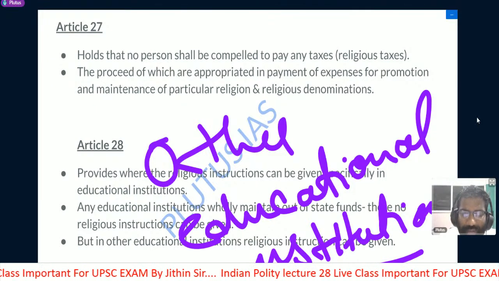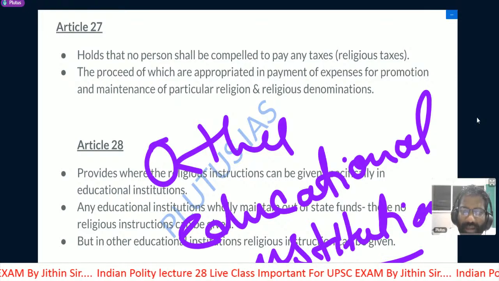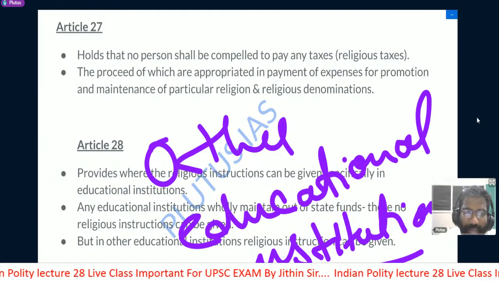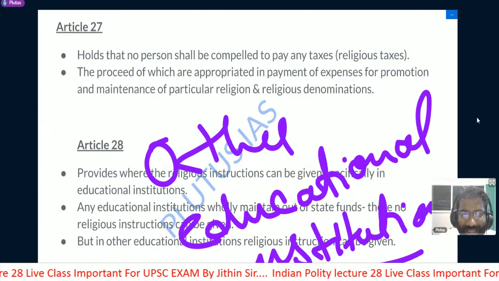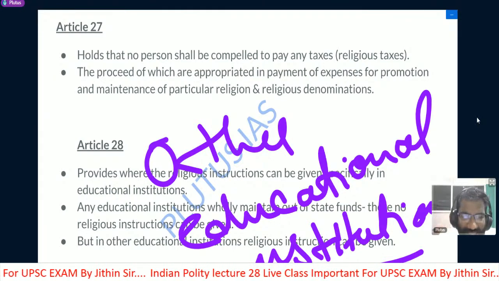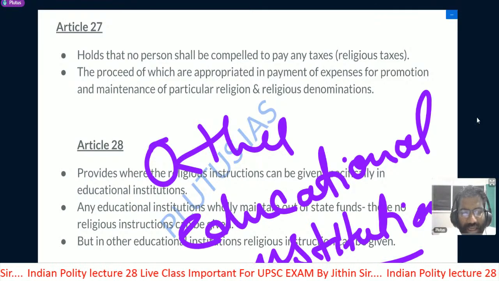Cut down the term state. 100% money is spent by the government, there no religious instructions can be given. Okay, point 1 is clear. If 100% money is given by the government, no religious instructions can be given. Clear?